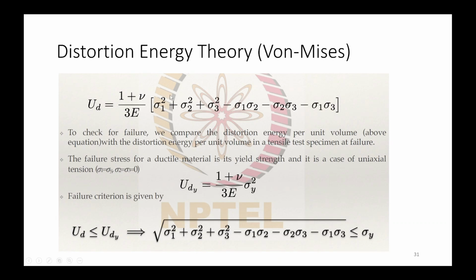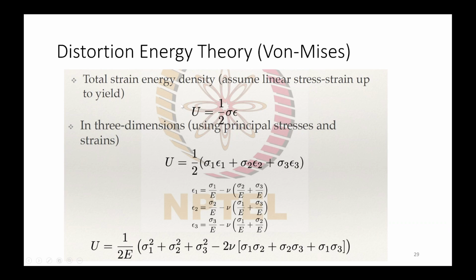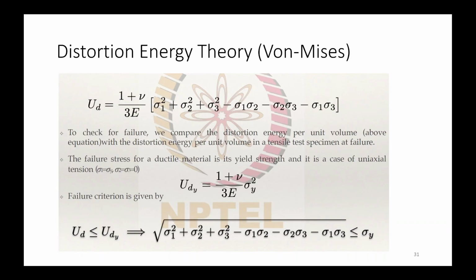Now, as we can write this formula in this form, after this, to check for failure, we compare the distortion energy per unit volume from the above equation with the distortion energy per unit volume in a tensile test specimen at failure. So, when we express it in terms of uniaxial tension, then only one value will be there for principal stress, and sigma 2 and sigma 3 will be 0.